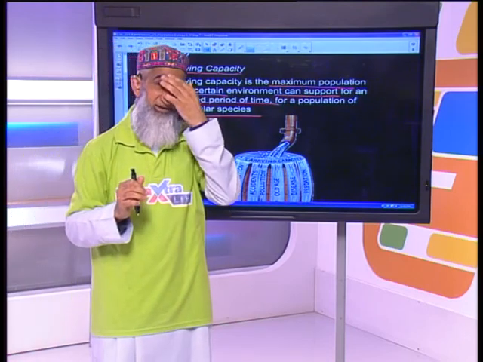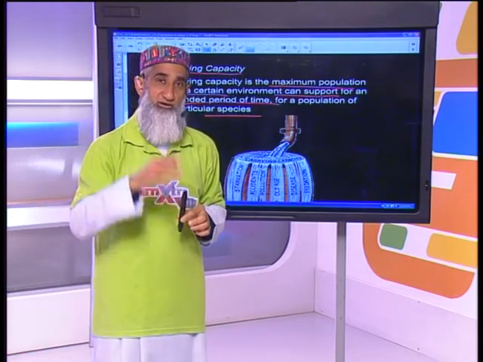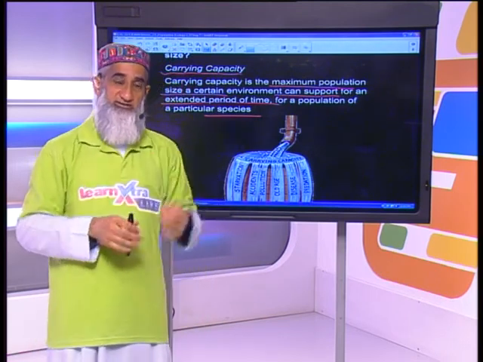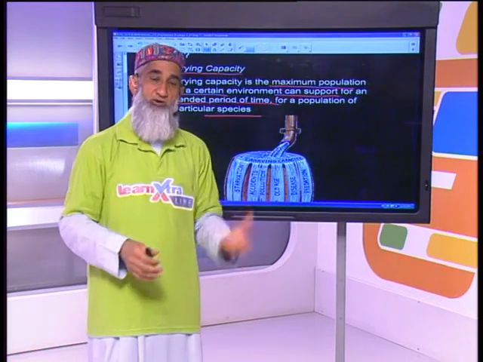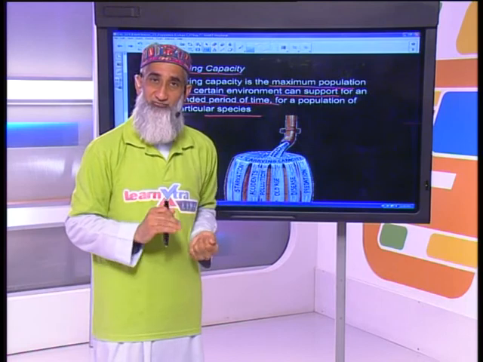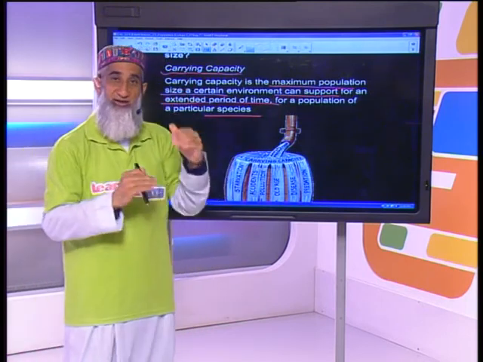Okay? So if you take a liter bottle, its carrying capacity is 1 liter. You can't put 1.5 liter in a 1 liter bottle. It can only take 1 liter. So the carrying capacity of that bottle is 1 liter.